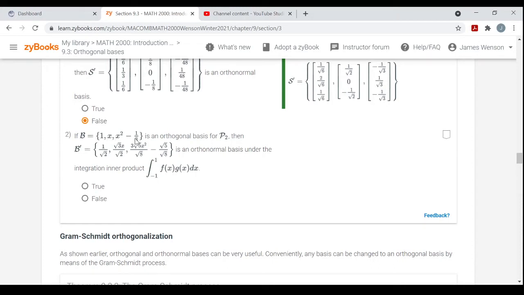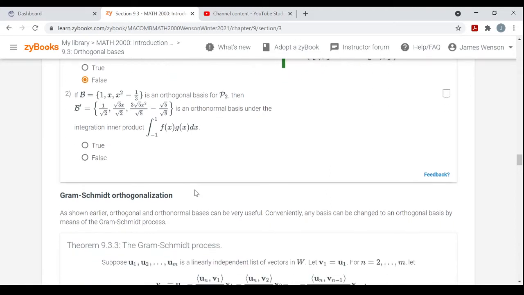They're telling you this set of polynomials here is an orthogonal basis for P2 under the integration inner product. And if you want an orthonormal basis, you would just find the norm of these three vectors and divide each vector by its norm to get an orthonormal basis for P2 under the integration inner product.